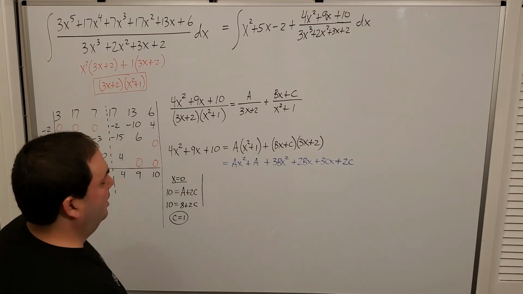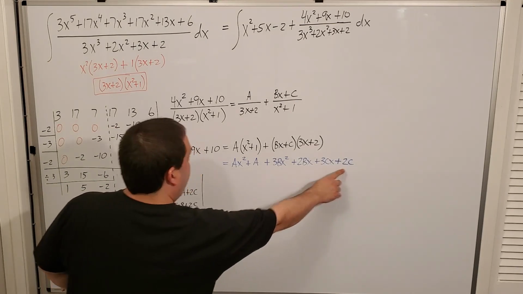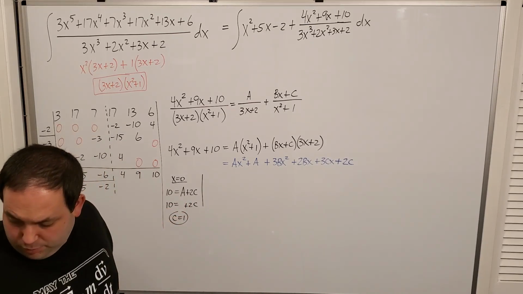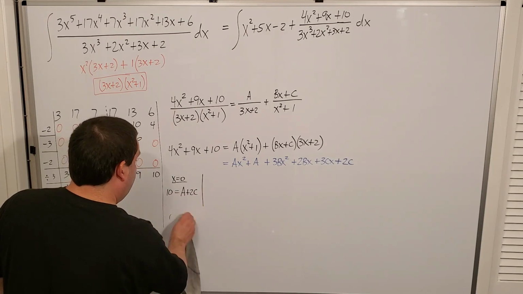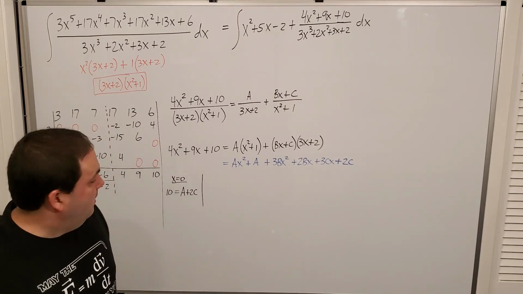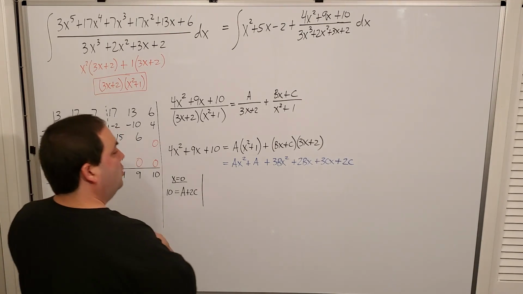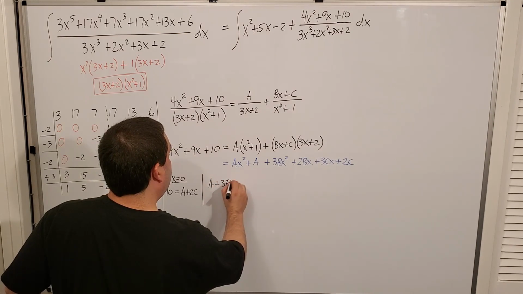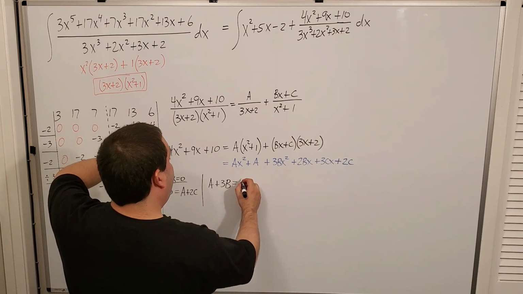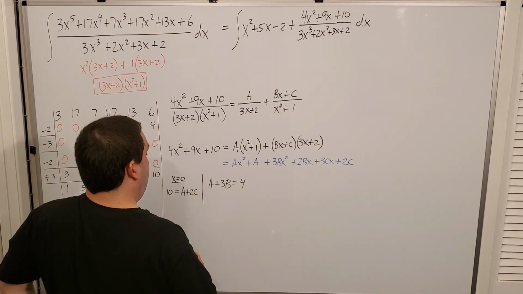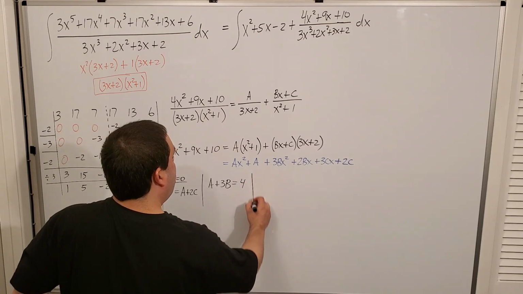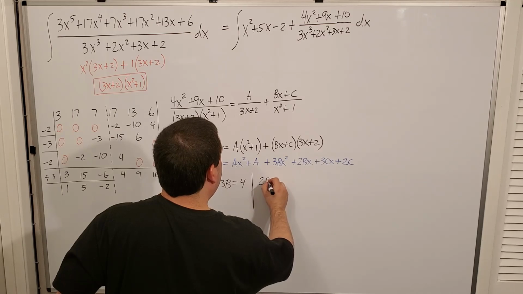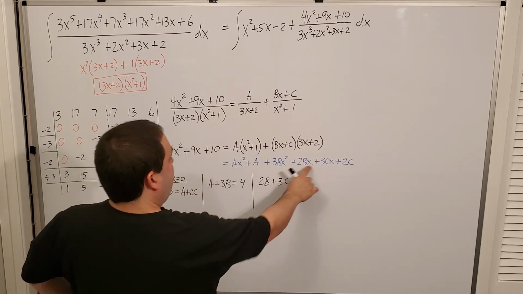So I'm noticing that that's not going to totally help because I already know A plus 2C equals 10. We already got that. But now I also know that A plus 3B, the squares, has to equal 4. And then I also know that from the linears here, 2B plus 3C has to equal 9.